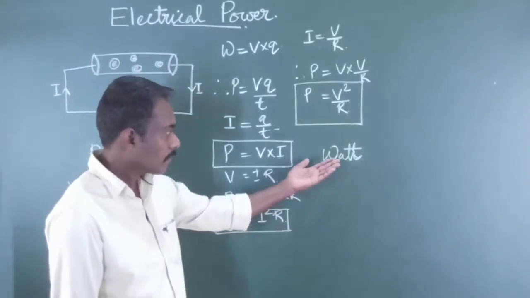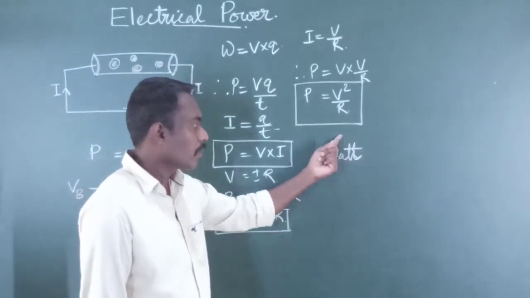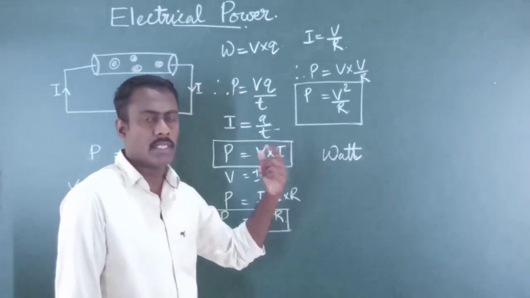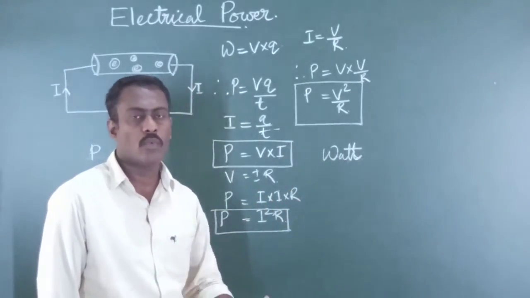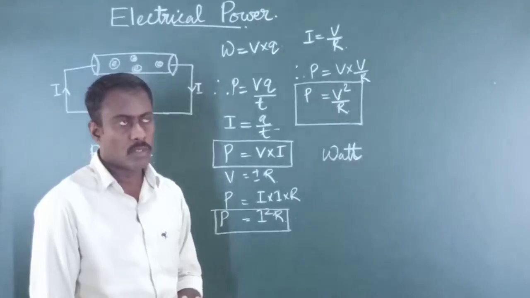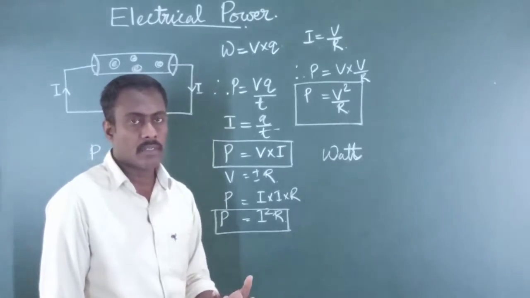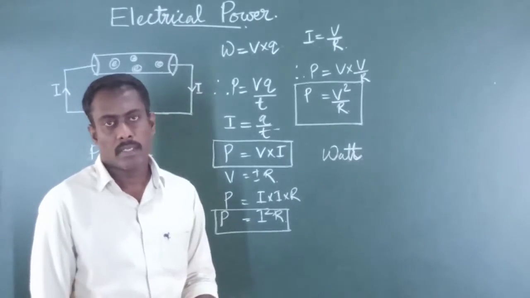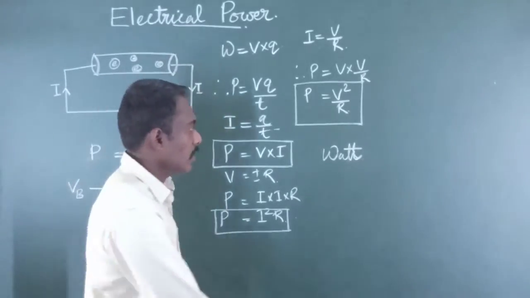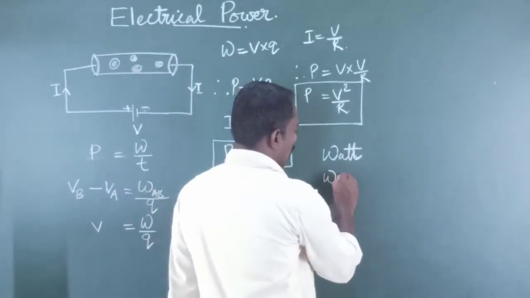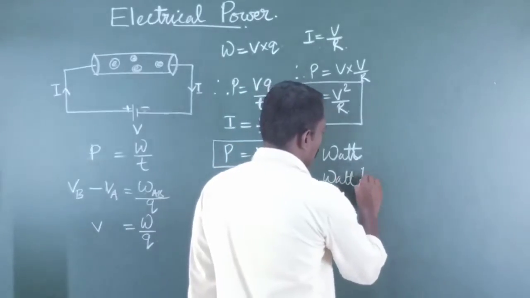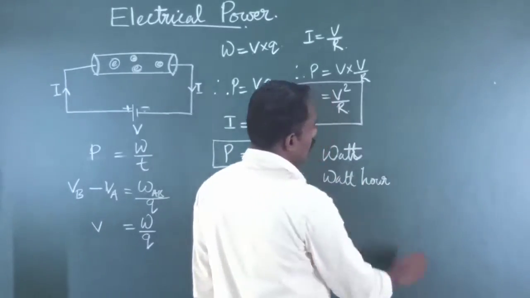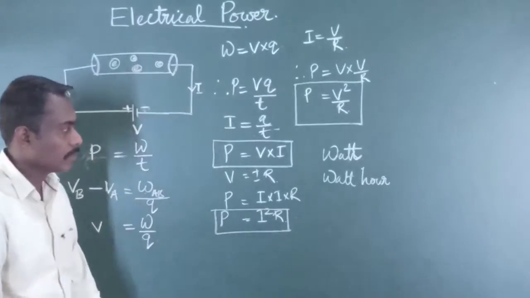And sometimes the power of a device is calculated within 1 hour, because normally the electrical power consumed at our home is calculated per hour. So there is another unit, the kilowatt hour, which is the commercial unit of electrical energy.